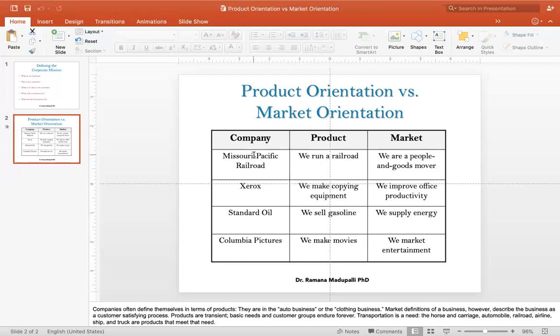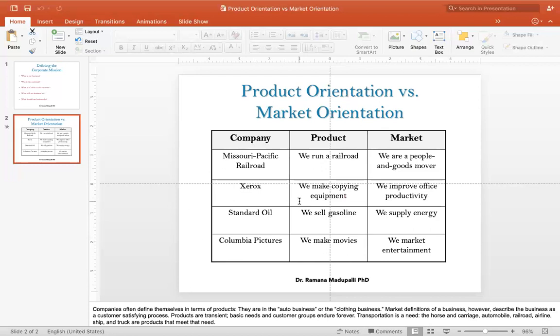More things to spend money on, I guess. But if you think about their market orientation definition, they are in the fashion industry now. So they are no longer a writing instrument company. They expanded their periphery. I hope that clarifies.